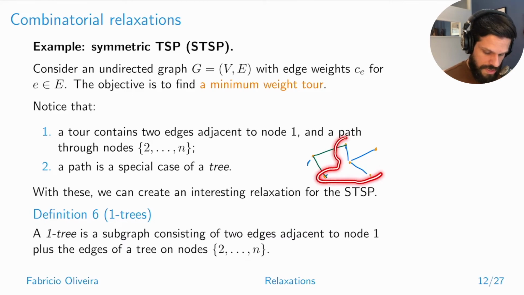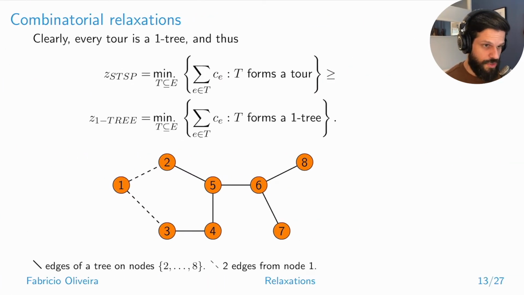Notice that there's an edge missing here for a one tree. We need something that actually looks like this, because we assume that nodes 2 onwards form a tree, and then node 1 has two edges. So here is a picture that's better drawn. This would be a one tree.